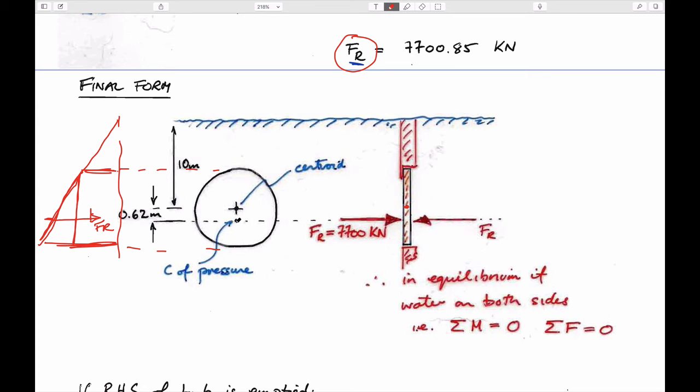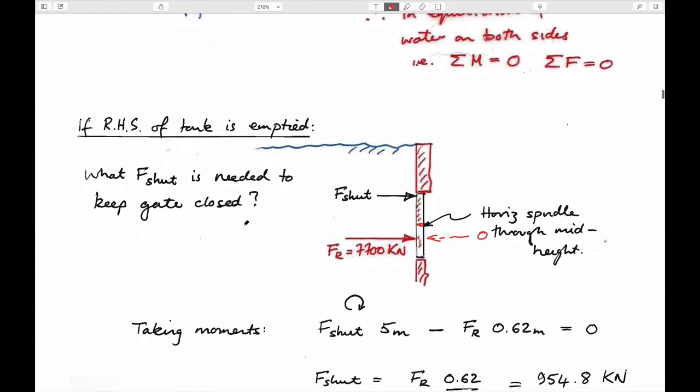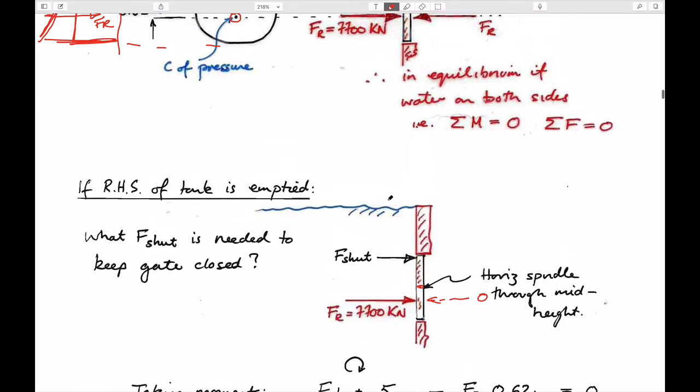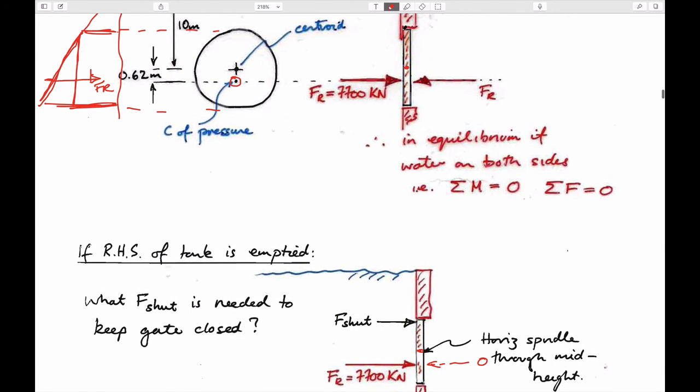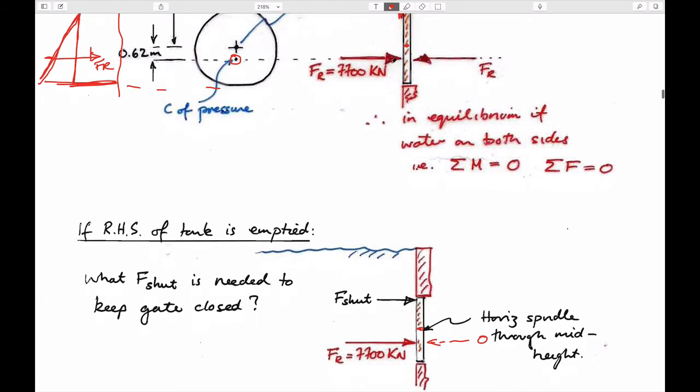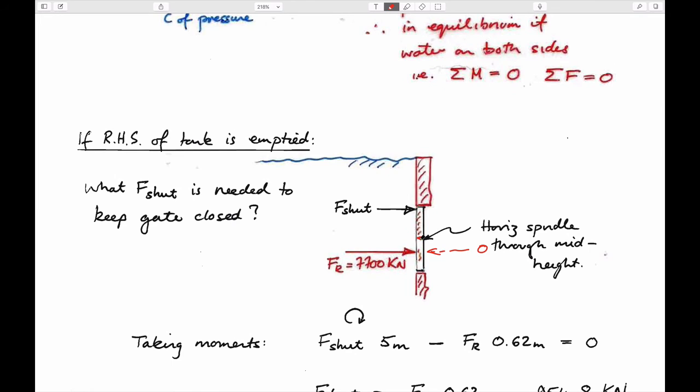We know where it acts. And therefore we have everything we need to calculate, for instance, what force this barrier should be able to hold to stop it from moving, just by taking it as a free body. The free body has a pivot here. It's a force here that acts at some distance here, which is 0.62.